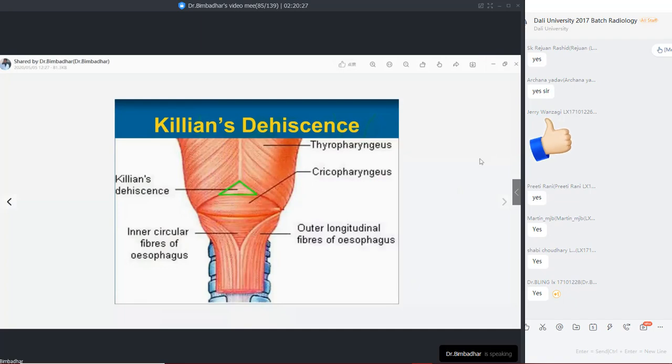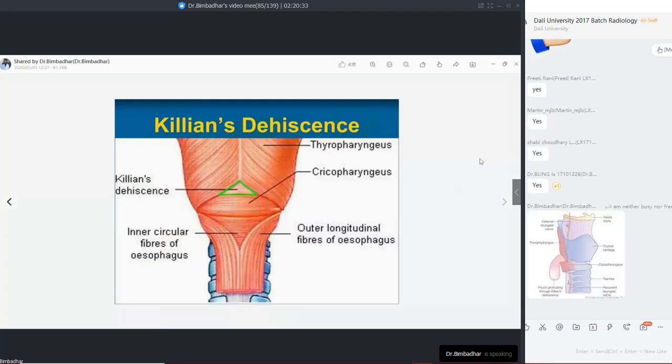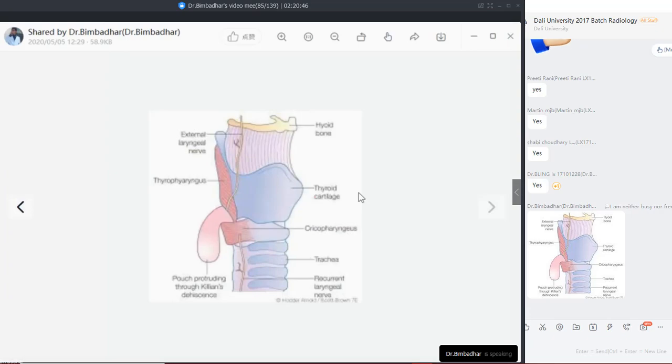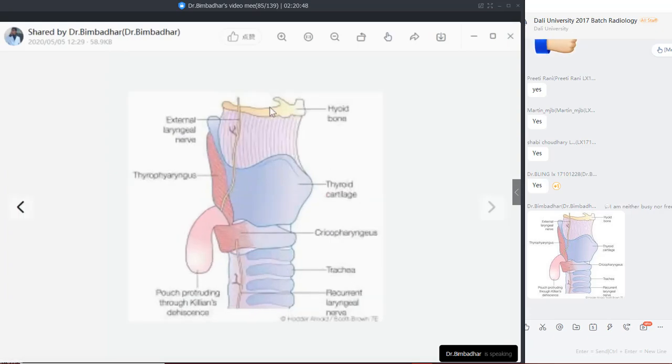Now look at another image in the chat I sent you. In this image, what we try to see here is the hyoid bone, then the cricoid cartilage, and then the thyropharyngeus muscle and the cricopharyngeus muscle.